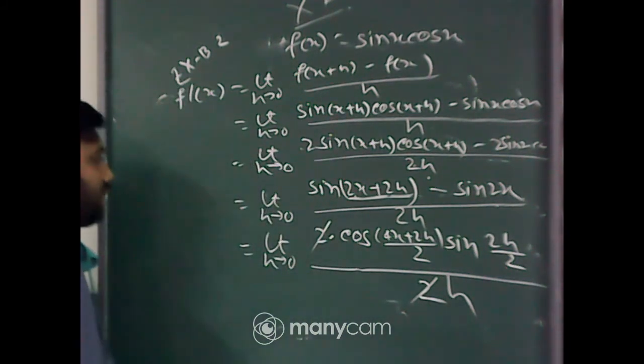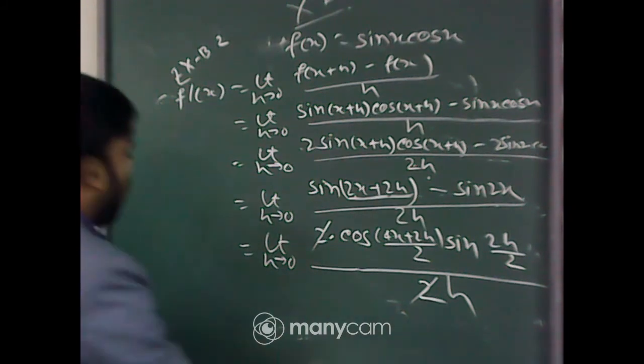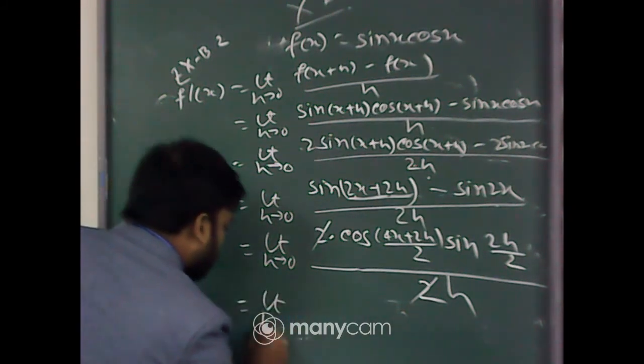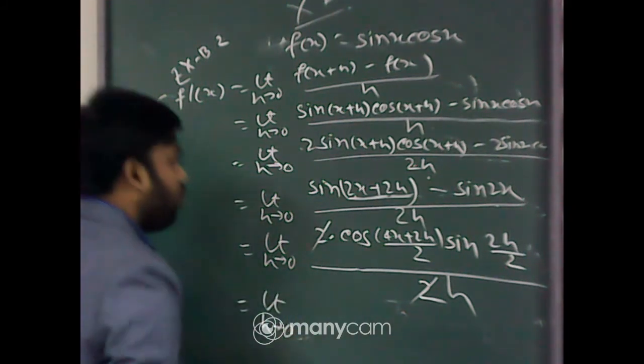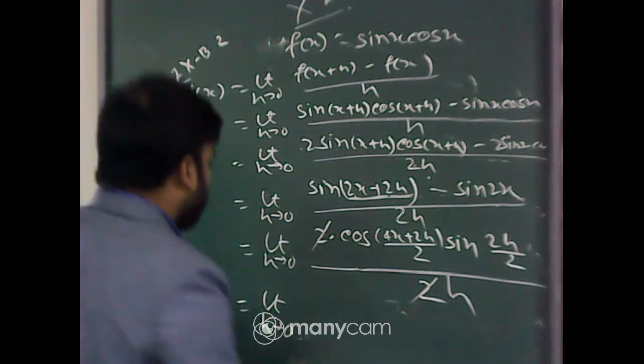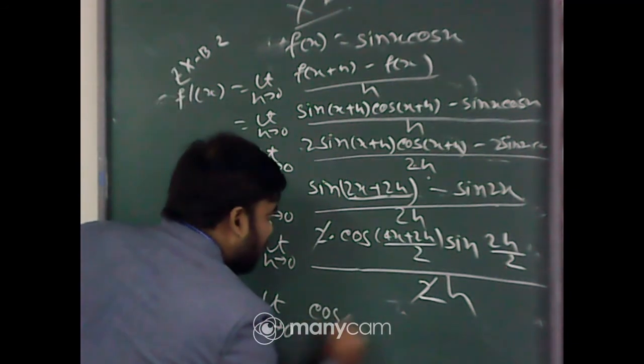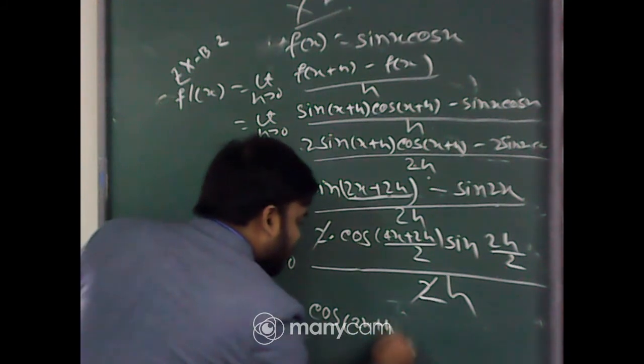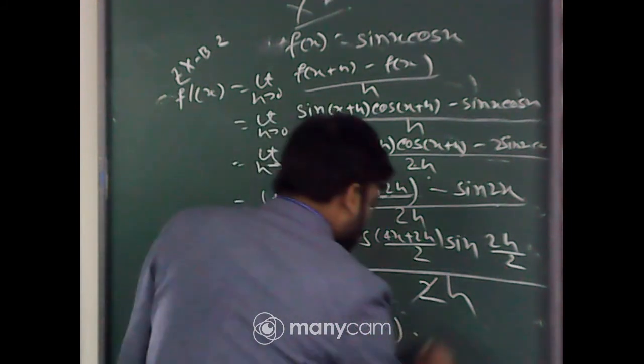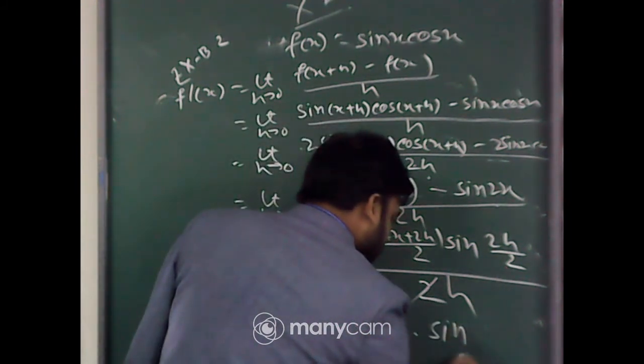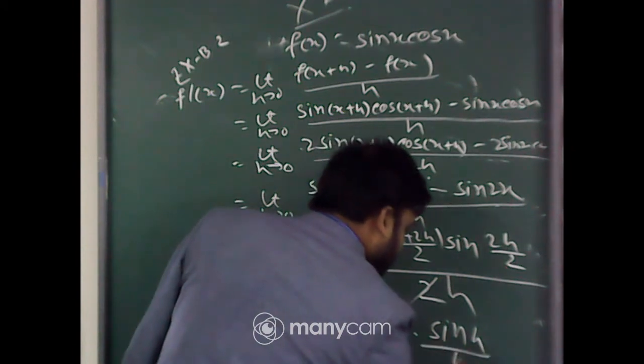So you will get the limit as h tends to 0 of cos(2x+h) into sin h by h.